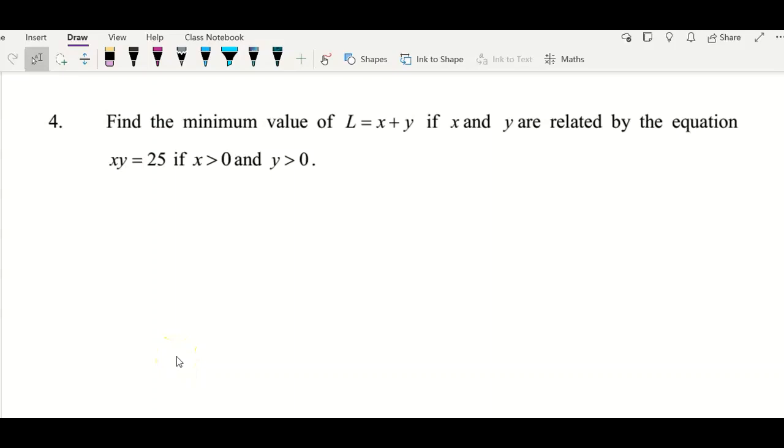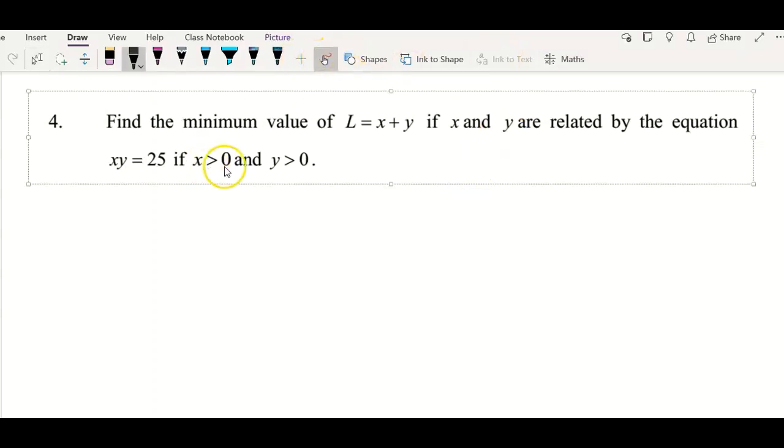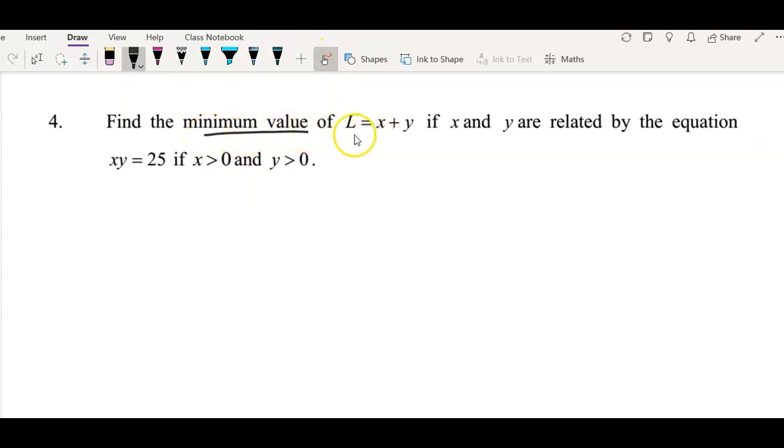Question number 4. Find the minimum value of L equals x plus y if x and y are related by the equation xy equals 25, if x is greater than 0, y greater than 0. So for this question, we want to find the minimum value of L, meaning that we need to find dL/dx or dL/dy, and then we let our first derivative equal 0.